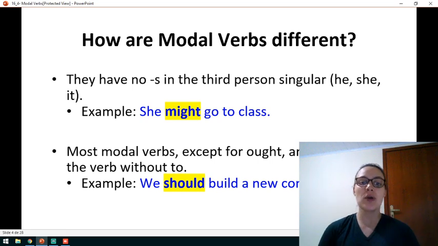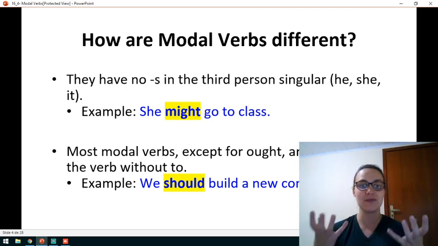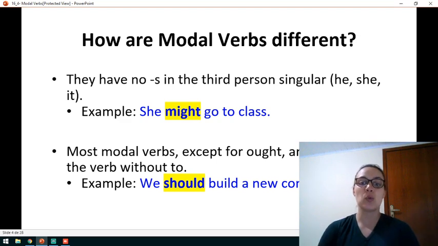However, with modal verbs, ought is the only exception. But with most modal verbs, we do not use the infinitive with to. For example, we should, which is my modal verb, should. We should build a new computer center.